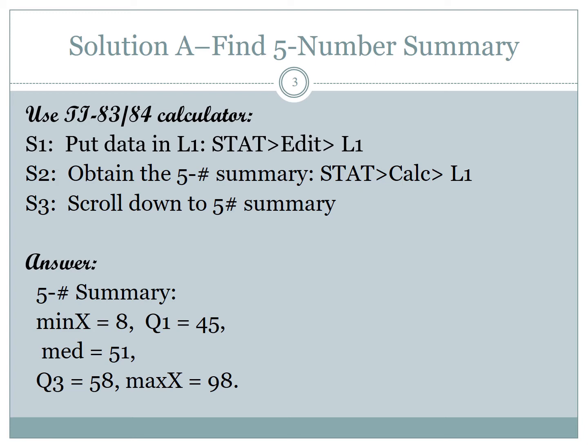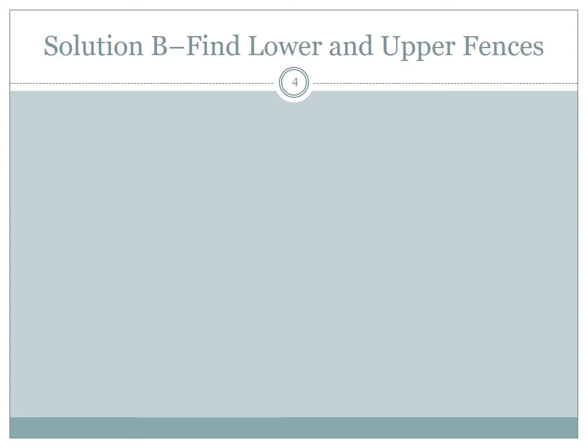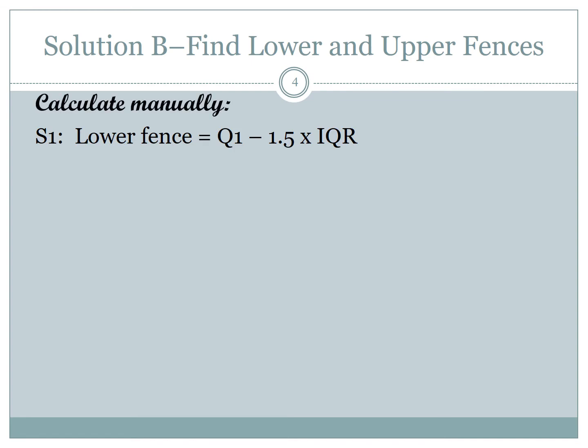Now, like I said, you have to be careful and make sure that the numbers are okay, that they match what you put in. And one good check is whether you have the minimum and the maximum correct.